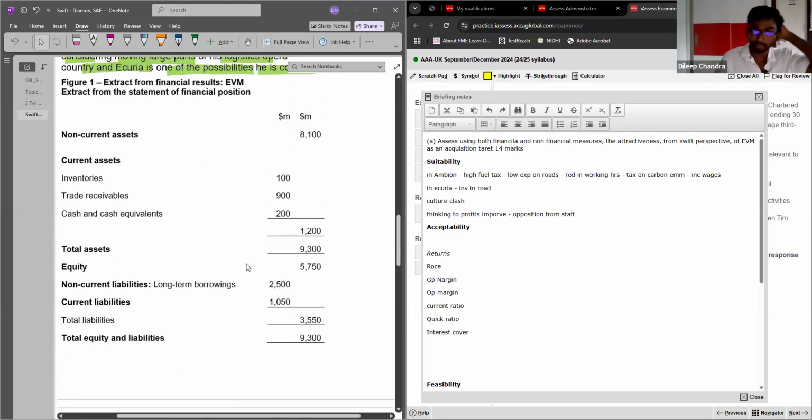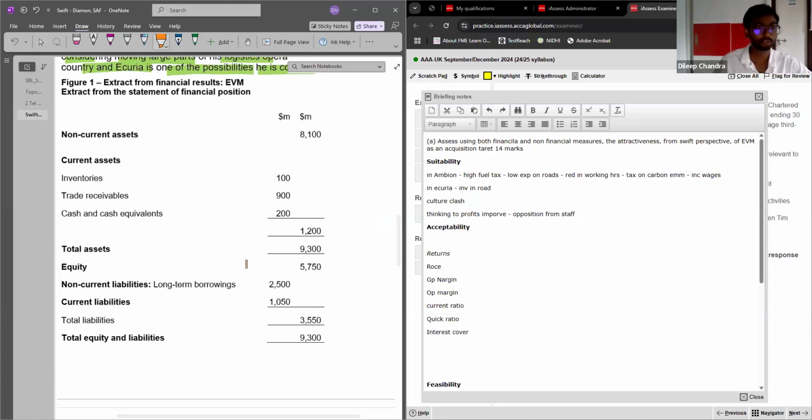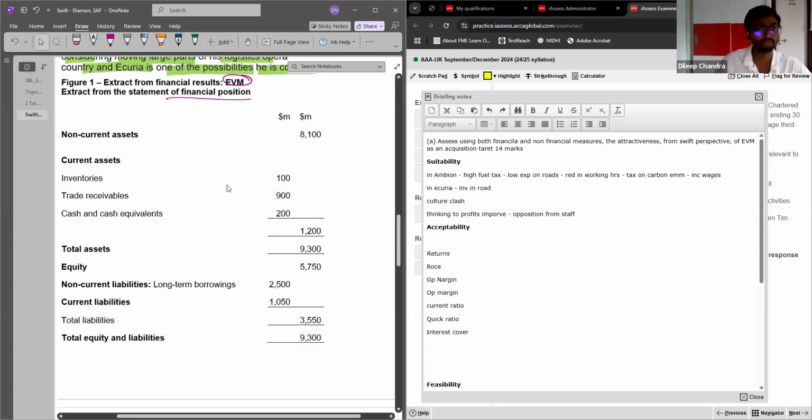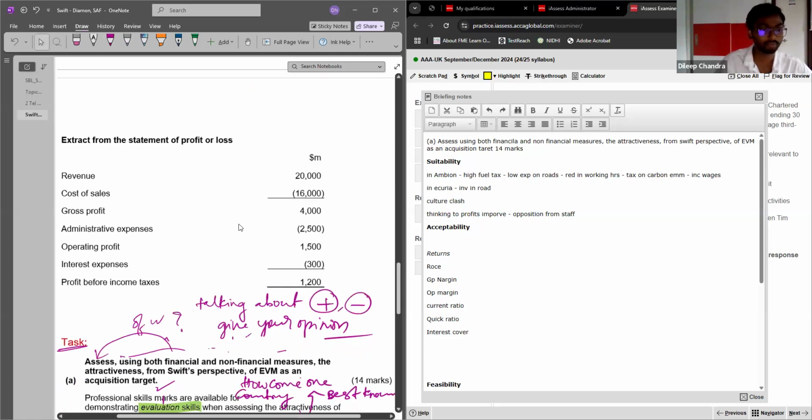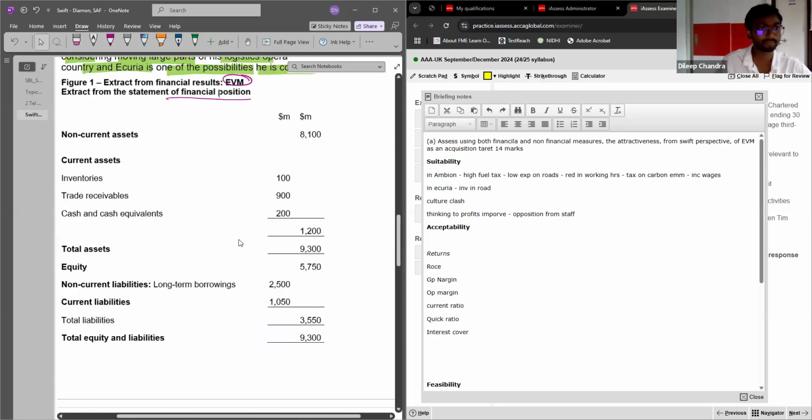And then financials are given. Current ratio, we were given, even extract of statement of financial position is given. Of whom? Of EVM. Why did they only give the financial statement of EVM? Did they give financial statement of SWIFT as well? No, only EVM.